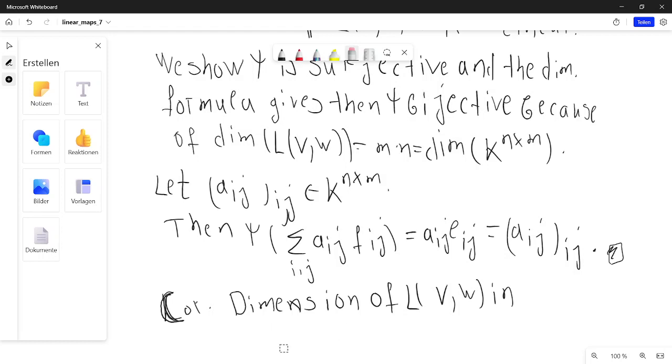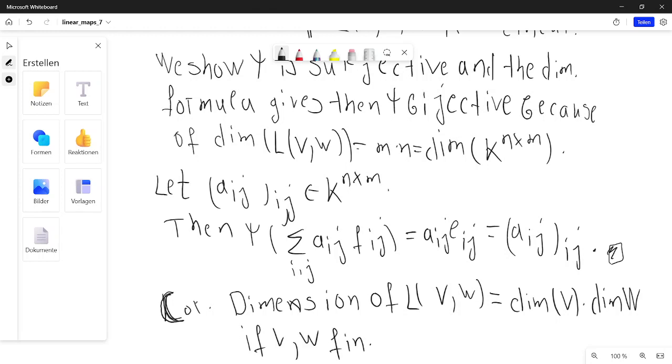Since the space is isomorphic, we can really identify the matrices with the linear maps, right? That is great. So what we did really makes sense. The dimension of V multiplied by the dimension of W, which were M and N there, if V, W are finite dimensional.